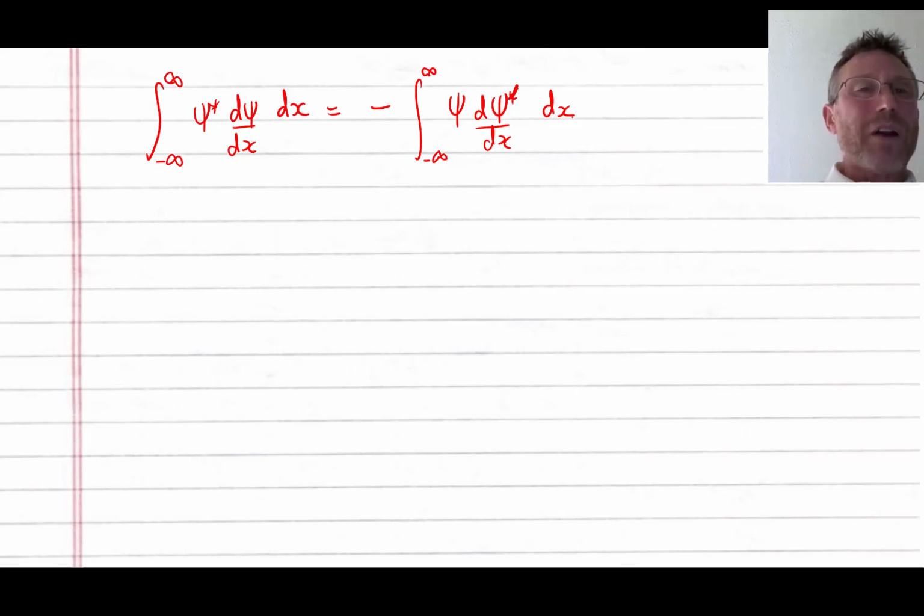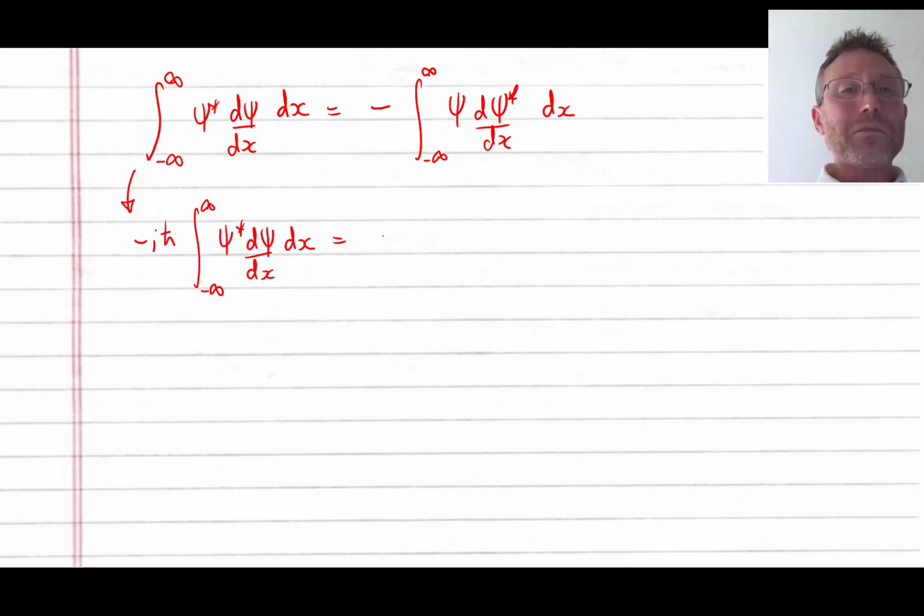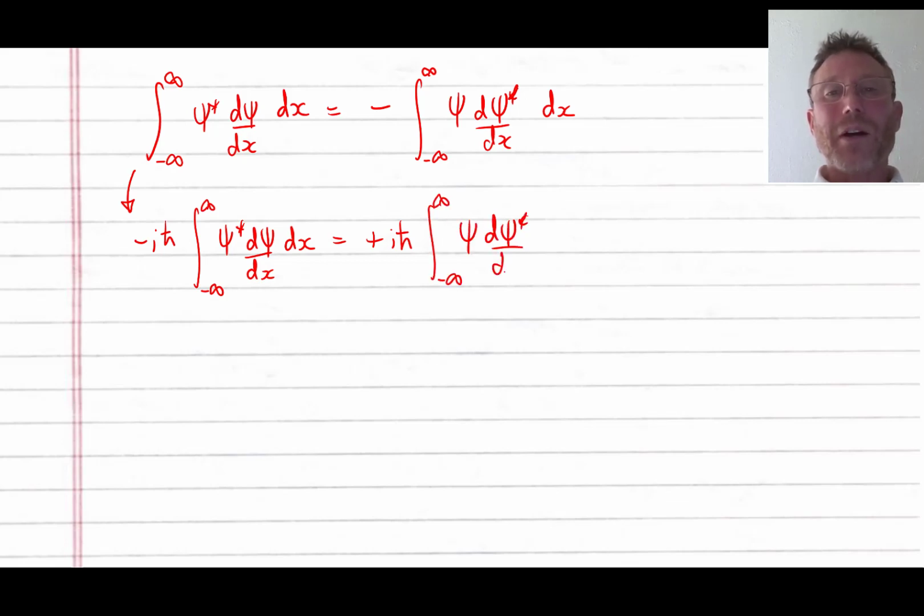What I'm now going to do is multiply this by minus i h bar across the board. So this now becomes plus i h bar, the integral of psi d psi star by dx dx.